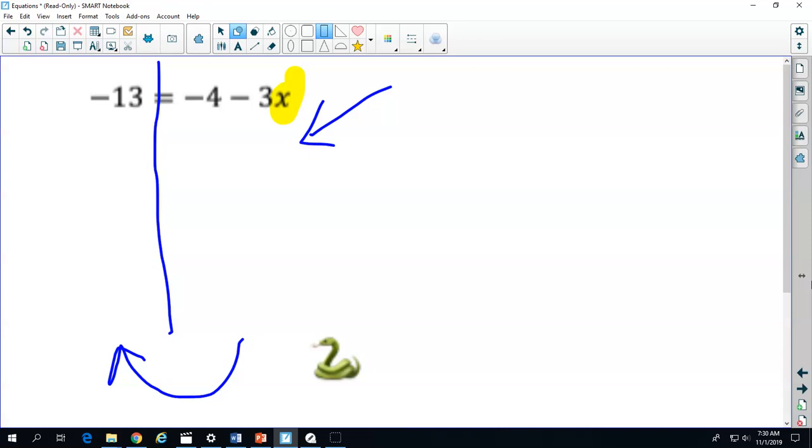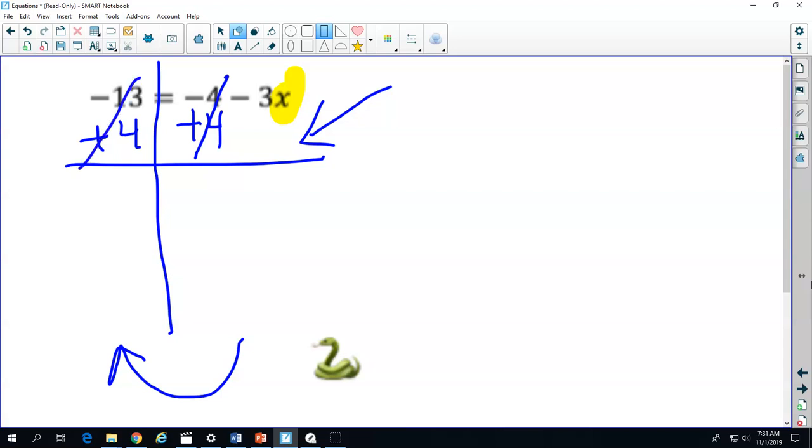So I have negative 4 and then I have multiplying by 3x. So the first thing I'm going to do is get rid of my negative 4. So I'm going to add 4 to cancel out that negative 4. If I add 4 to the side with the variable, I need to add 4 to the other side. Now this cancels out on the right. And then negative 13 plus 4 is negative 9.